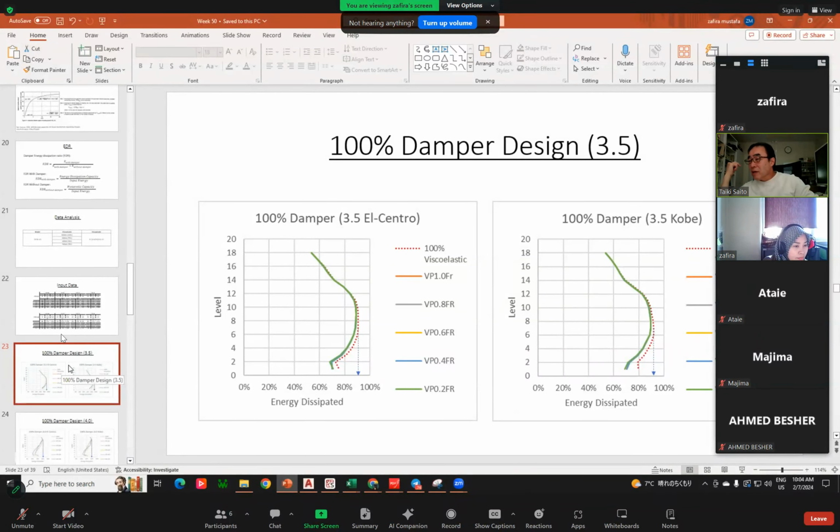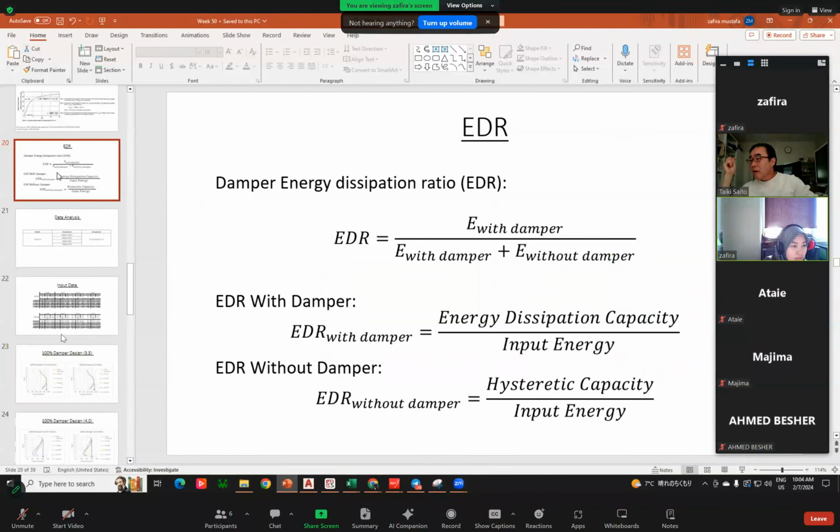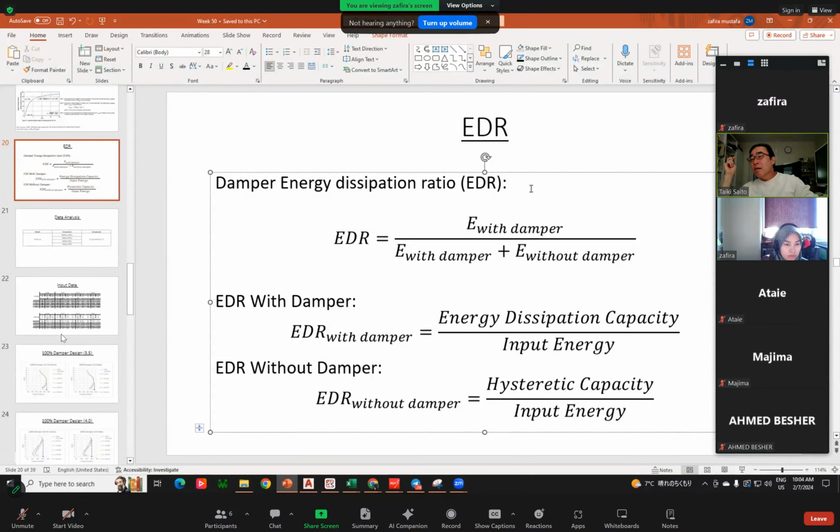How did you calculate energy dissipated? By this one. First we have to calculate the energy dissipated with damper and without damper, and then I use this to calculate the ratio to compare between with damper and without damper.